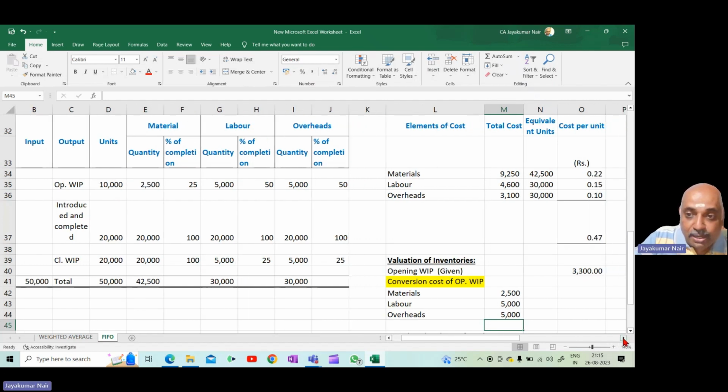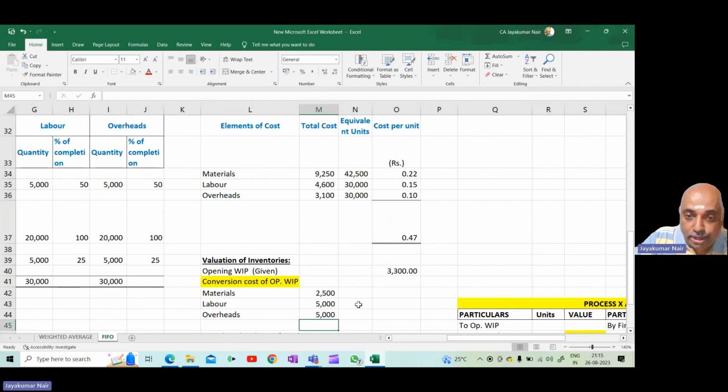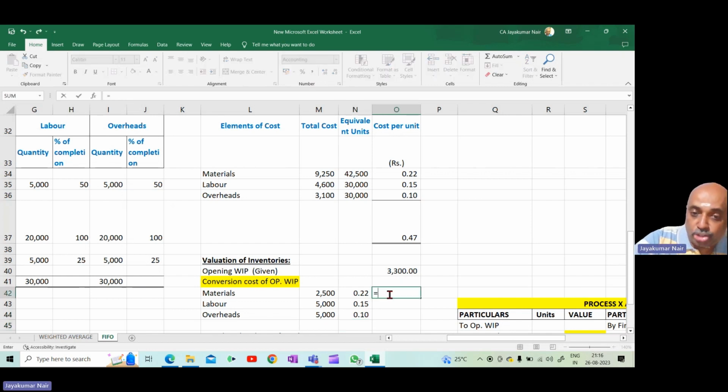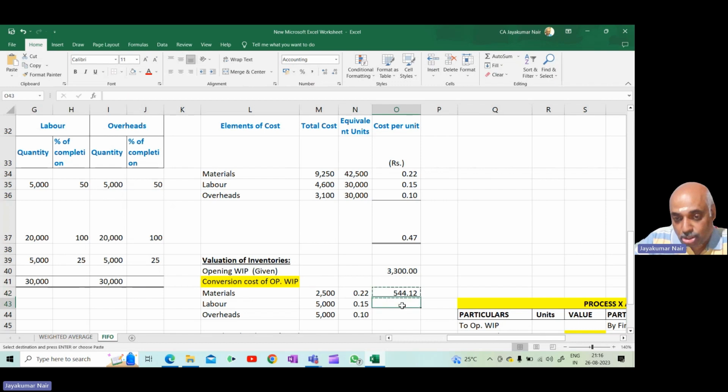Okay. And per unit, what is the cost? You already know material cost is 0.22, labor cost is 0.15 and overheads is 0.10. Therefore, what is the cost that you are incurring? The equivalent units into the cost per unit will give you the total cost.